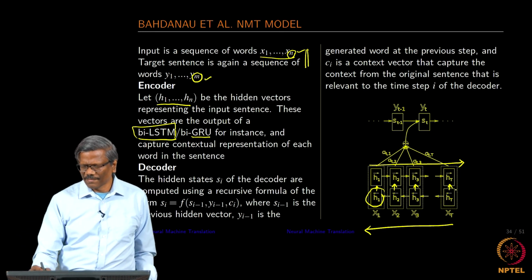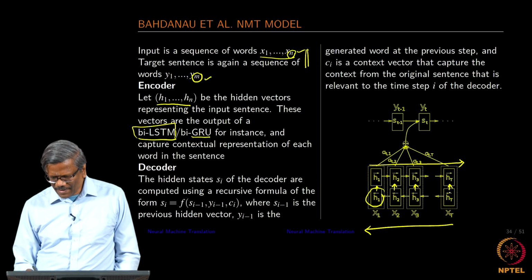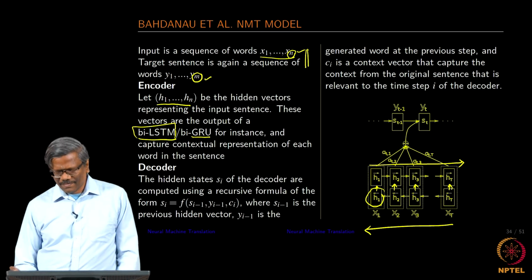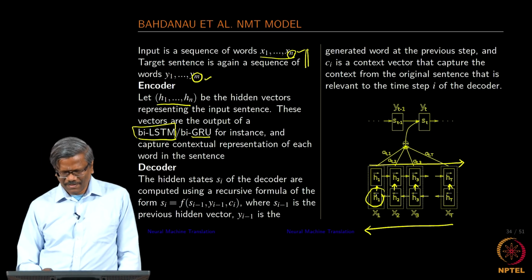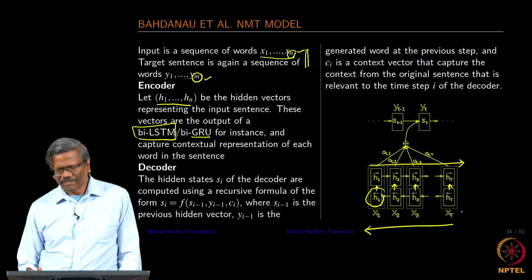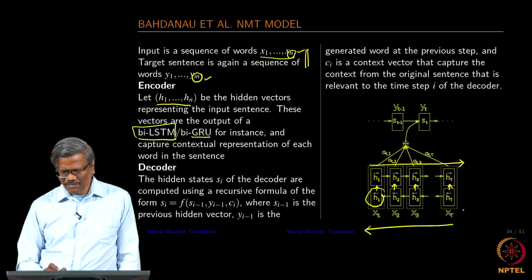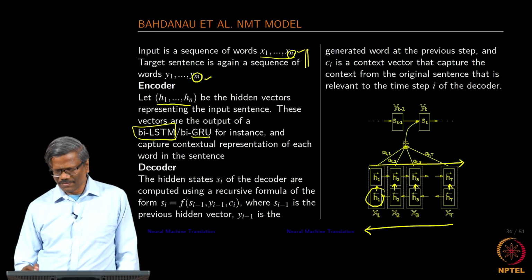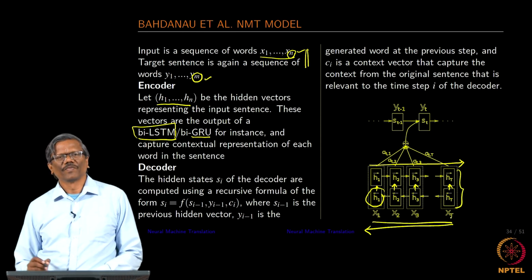This is another model where you can connect these two layers in the upward direction as well. So, one set of units learns from the last word to the first word, the other one learns from the first word to the last. We know that these hidden units are the representatives of our input.